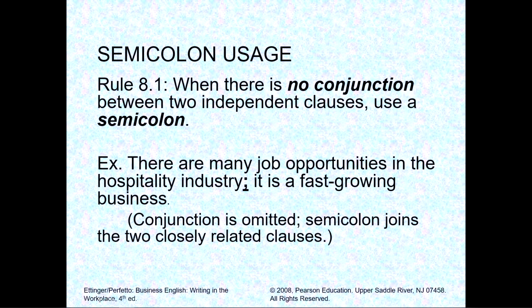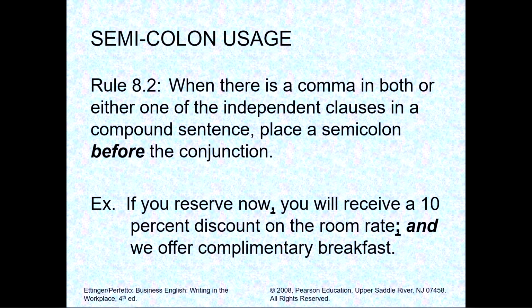A little tougher rule. 8.2, semicolon usage again. When there is a comma in both or either one of the independent clauses in a compound sentence, place a semicolon before the conjunction, right? So here, if you reserve now, comma, and you will receive a 10% discount on the room rate, here do not put a comma, put a semicolon, and we offer complimentary breakfast, right?